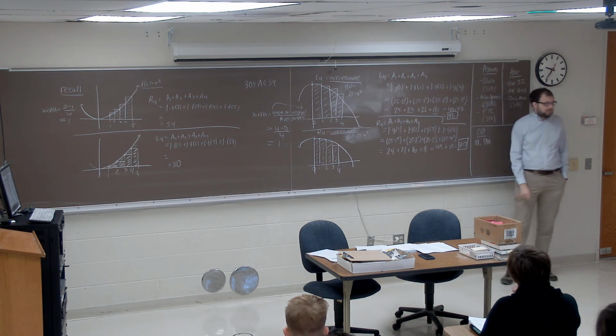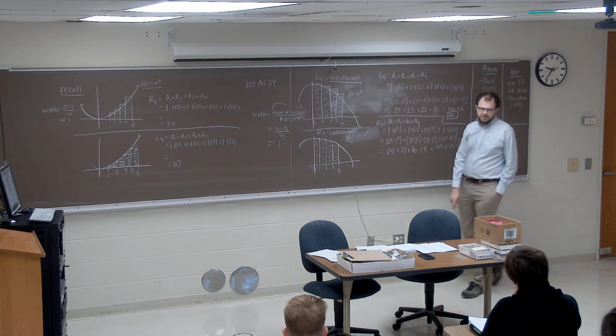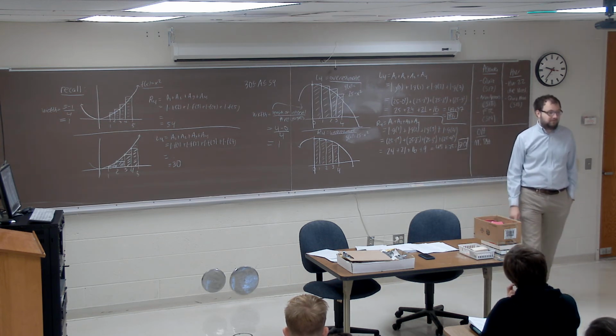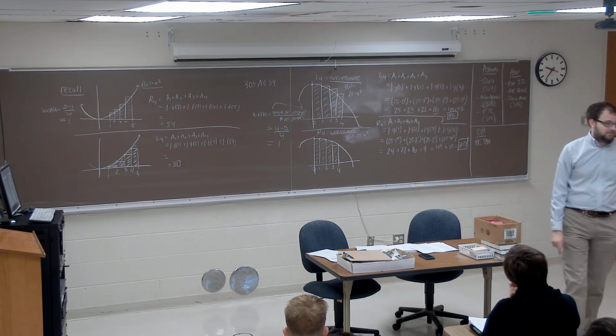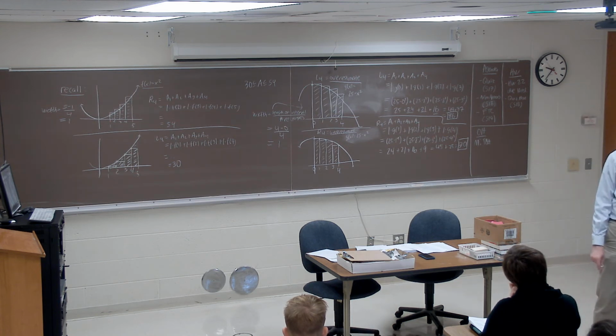Any questions or comments about that? Nora's question: if you take the overestimate and add it to the underestimate and divide by 2, so you're taking the average, would you get a more accurate value? I would probably give you a more accurate value.